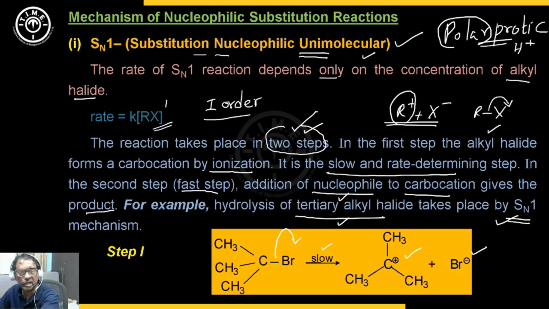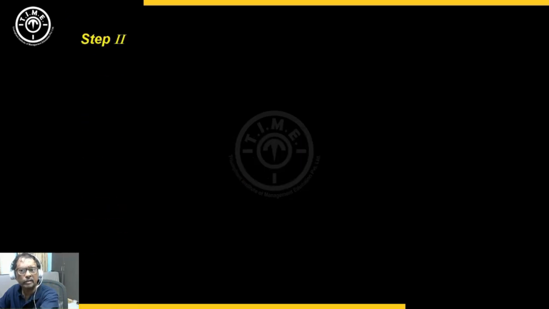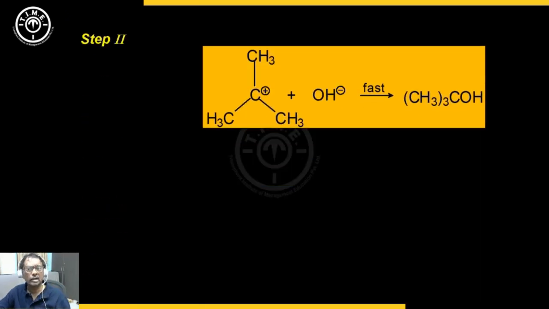What is the second step? The second step we have already mentioned, that it is a fast step. The fast step is the ionic combination. You know that ionic reactions are extremely fast. The nucleophile, which is OH minus in this case, is taking up the carbocation to form this product, which is an alcohol. Clear? So step 2 is a fast step. The rate is not dependent on this step. Rate is dependent only on the first step.